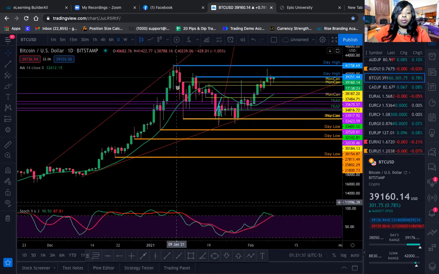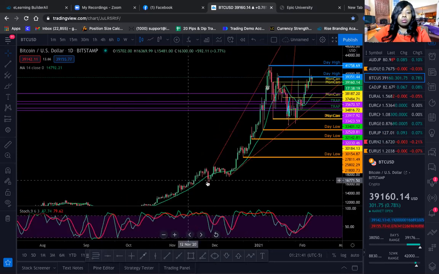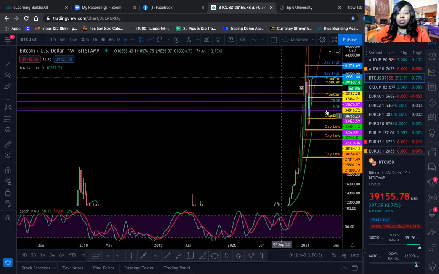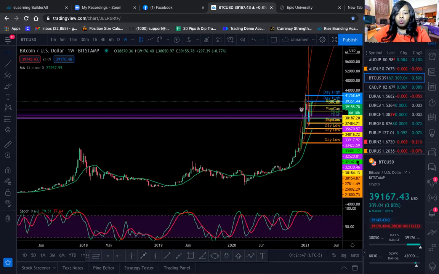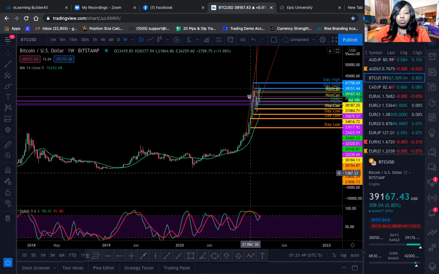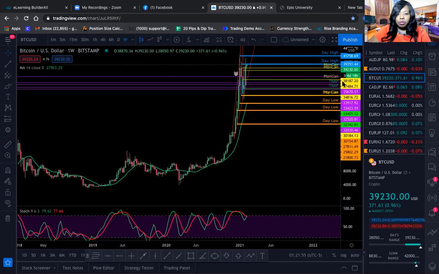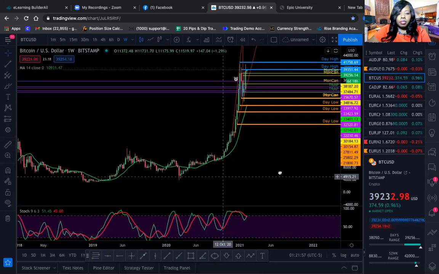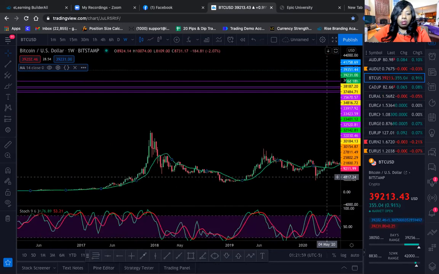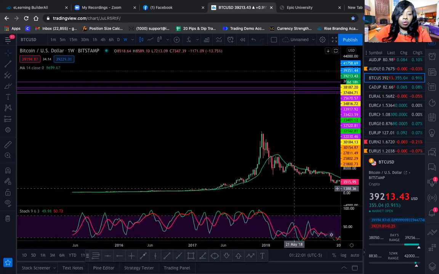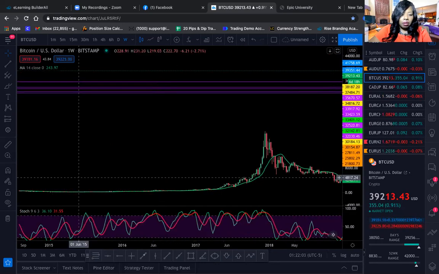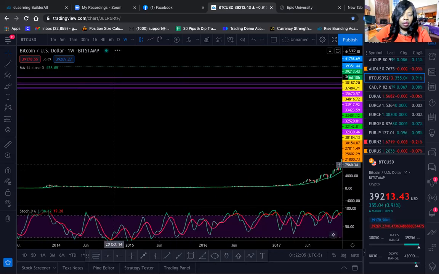Let's take a look at Bitcoin. It's quite interesting. Let's make this a little smaller. I'm going to put it on weeks instead of months, so that you can see. So this is a weekly chart. Each one of these candles took exactly one week to create, okay? So let's see here. I'm going to take you back to where Bitcoin began, and it was nothing, right?